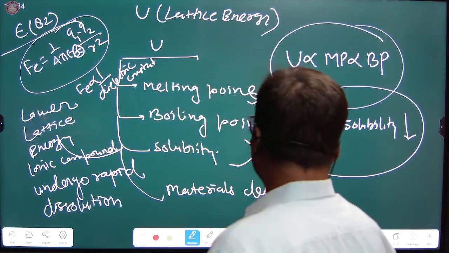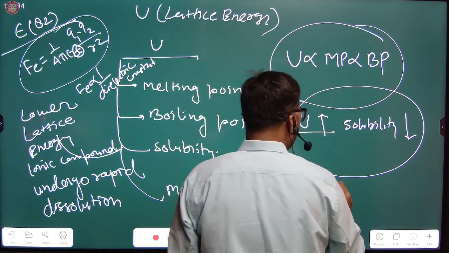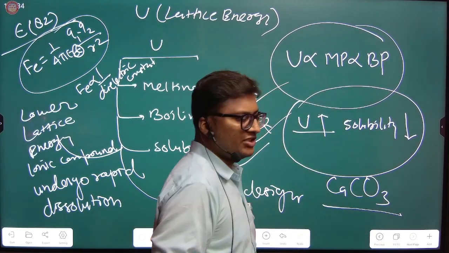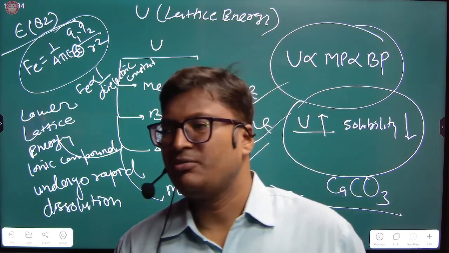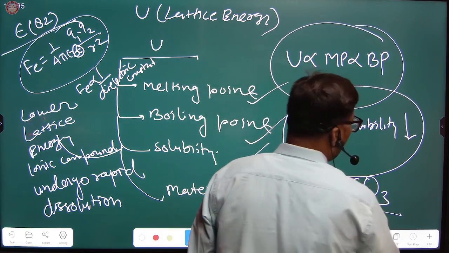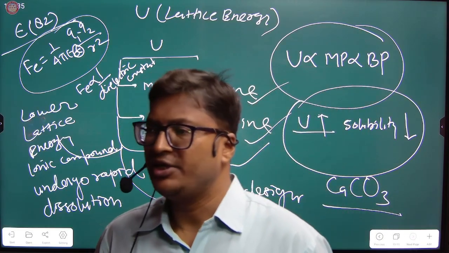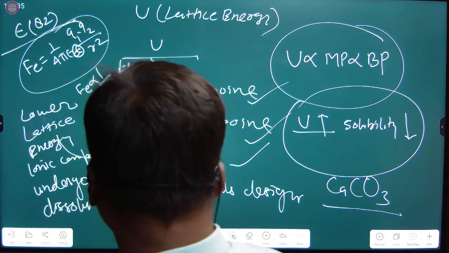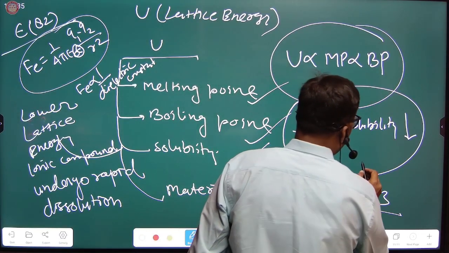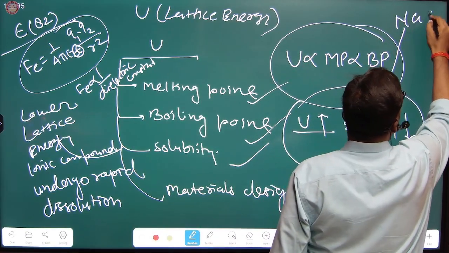Suppose we have calcium carbonate, that is marble, which is limestone. That calcium carbonate is also ionic, because of the presence of calcium 2 plus and carbonate 2 minus charges. But this ionic compound is not soluble in water, because it has 4 times higher lattice energy compared to NaCl, right?